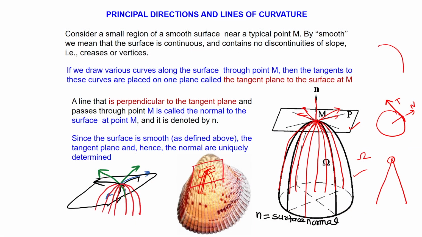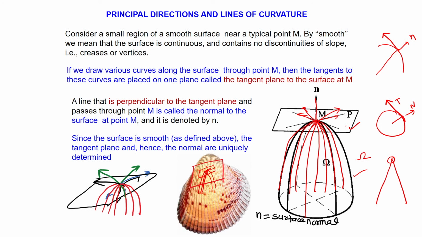In a one dimensional curve or in a 2D case, it is the tangent and this is the normal direction, outward normal or inward normal. But in the case of a shell or a surface, it will be a tangent plane, and a line perpendicular to this tangent plane will be denoted by N, and it is known as surface normal.